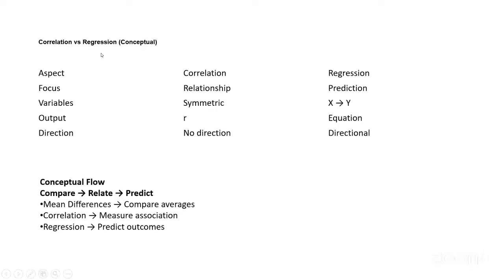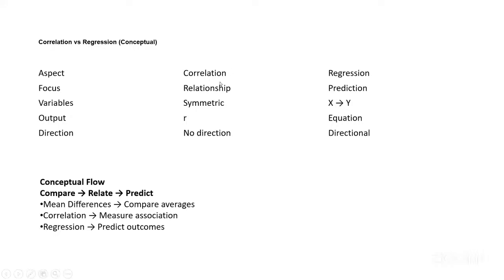So there is some misconception among students about correlation and regression. There is a difference between correlation and regression. What is the focus in correlation? We just get the relationship. In regression, we have prediction: if X changes, how much Y changes.